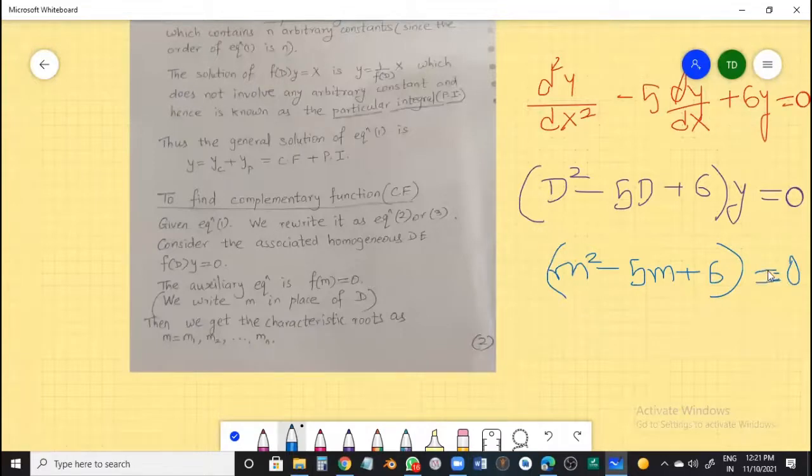It doesn't operate on y. And y being the variable, every time y cannot be 0. So just the nature is followed over here. Means we are doing this in dummy. This m is a dummy, so we will call it auxiliary.